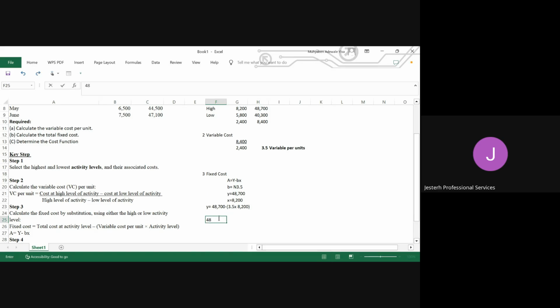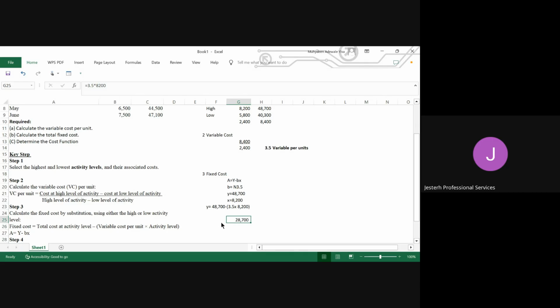We'll now say 48,700. Now, we want to determine the variable cost multiplied by our level of activities. That is 3.5 multiplied by 8,200 is going to give us 28,700.